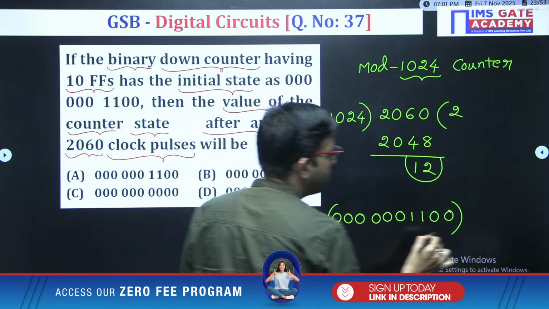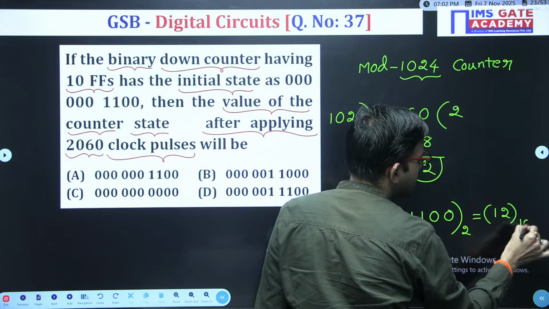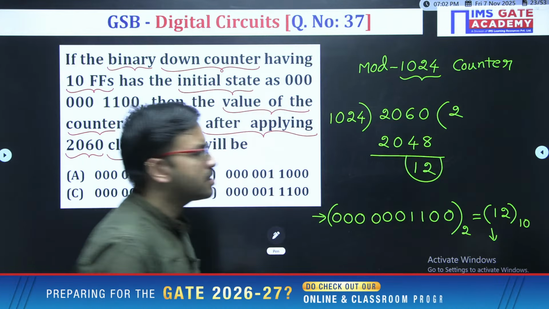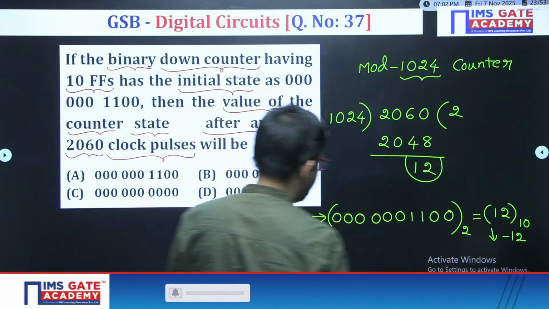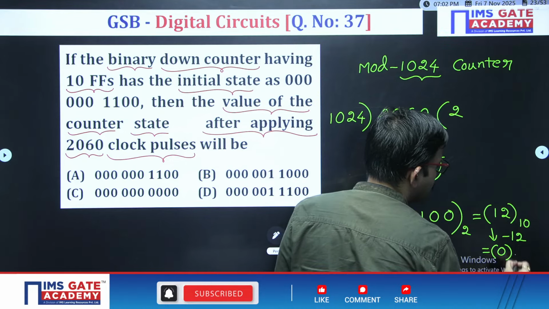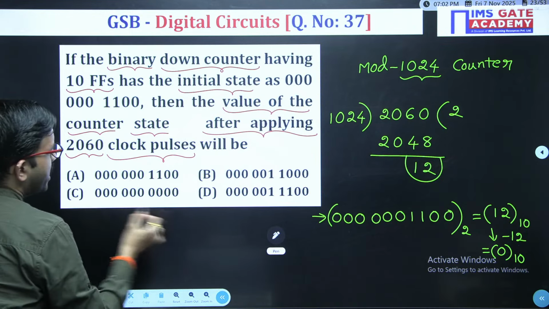This is the binary number. When you convert it into decimal, you are getting 12. Since it is a down counter and you have to apply 12 clock pulses, this value is decremented by 12. From there, you are getting 0. Here 0 means all the bits are 0. That's all. All the bits zeros you have in option C.